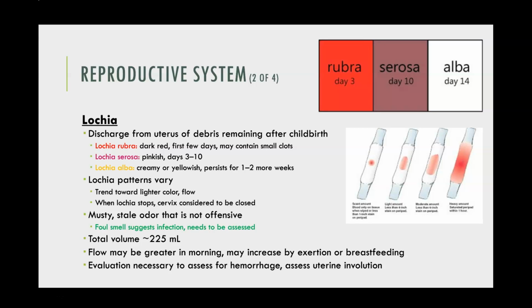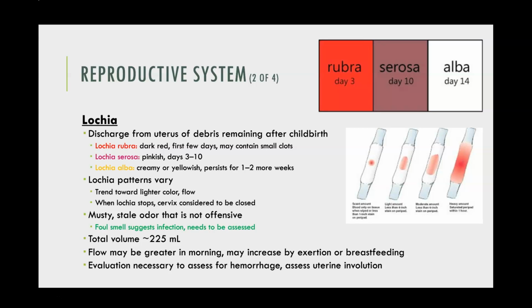It is very necessary, obviously, to assess your postpartum woman for hemorrhage and to assess her uterine involution to be sure that things are going like they should be. We describe lochia in a few different terms, so we can chart it as scant, light, moderate, heavy, or excessive.